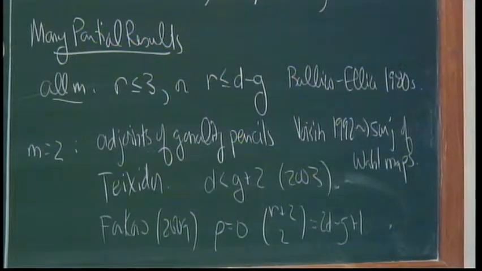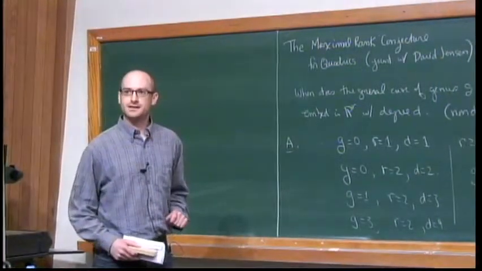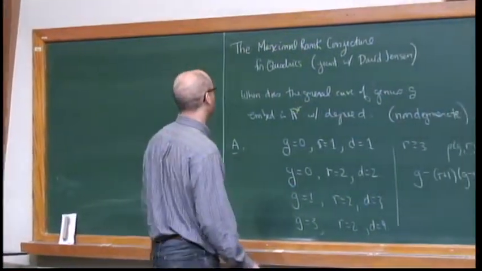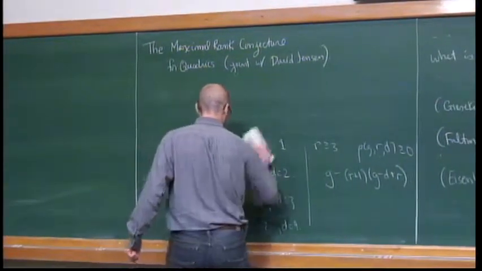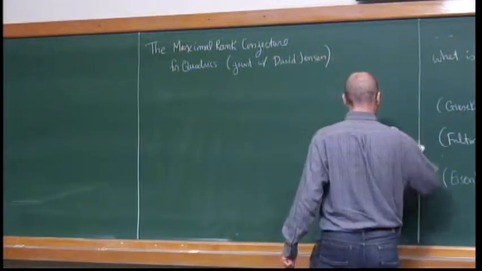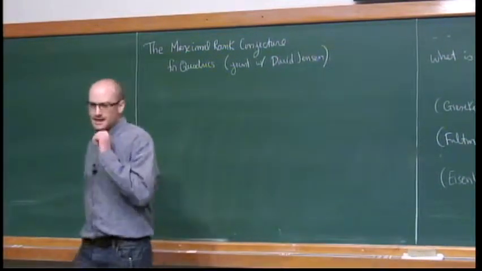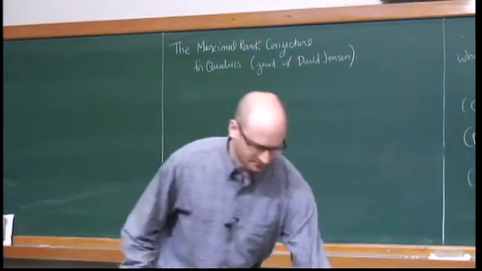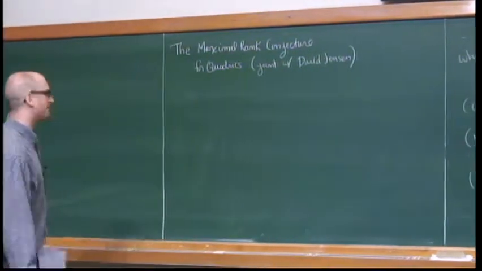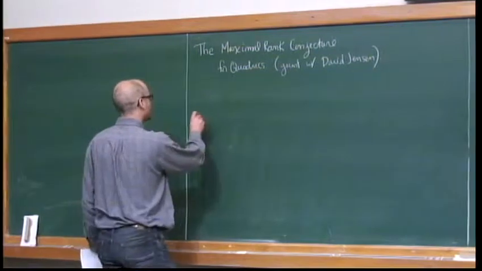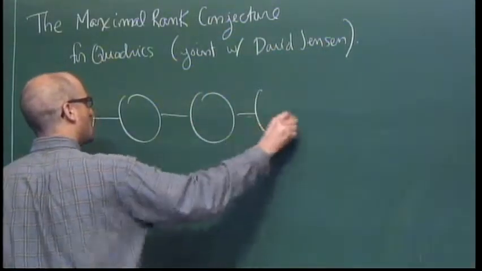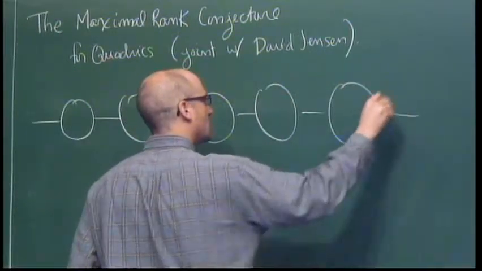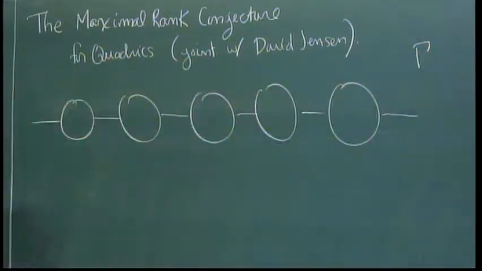What I do want to talk about is how tropical methods can prove results in this direction. And so I'm going to start with essentially the same graph that Matt Baker talked about in his lecture series. So the graph will be called gamma.